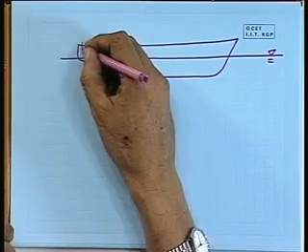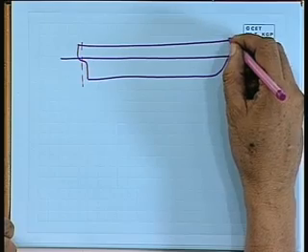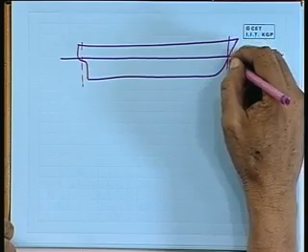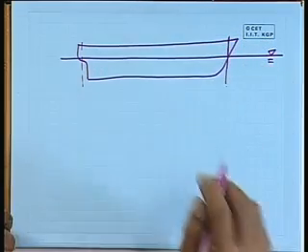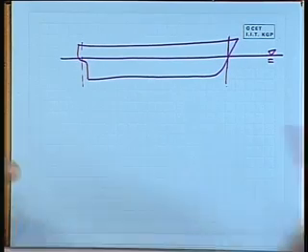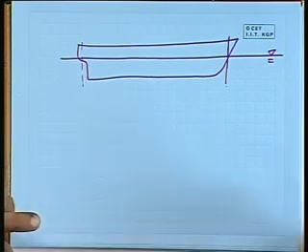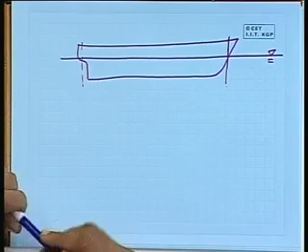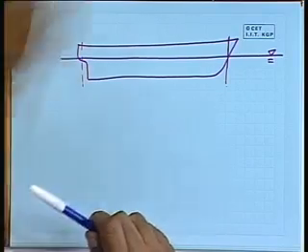In actual operation, you people will know better than me that there is no situation when you can consider the ship to be sailing in calm water. At times, very rarely. Even then I won't say that is a calm water condition. And moreover, when the ship is sailing, the surface is never calm because the ship generates its own wave pattern. So it is never a calm water condition.